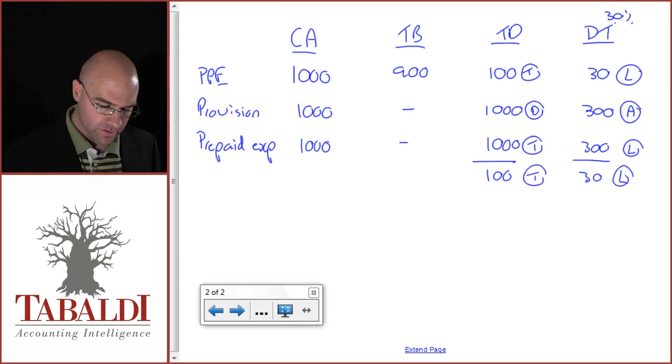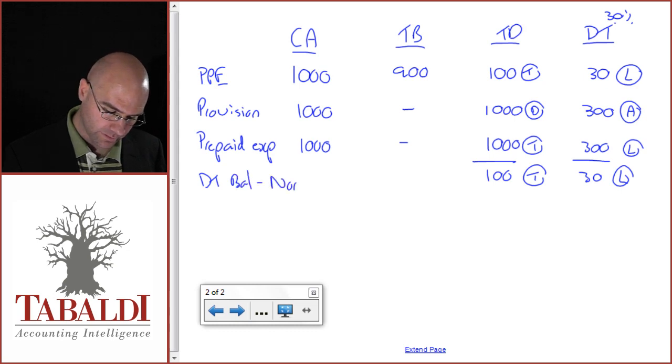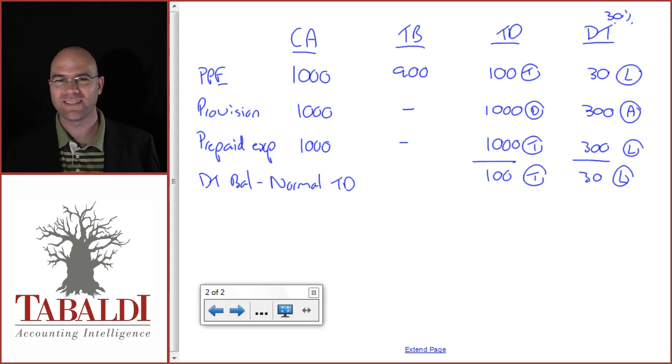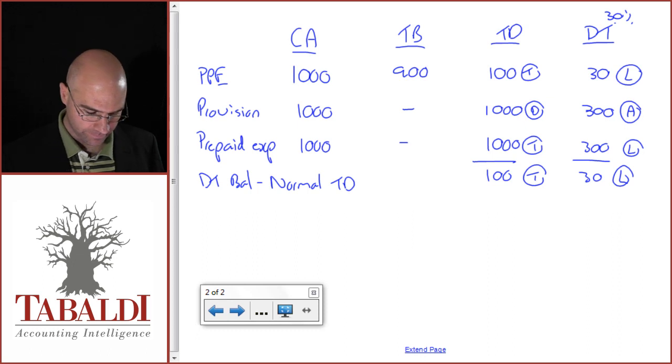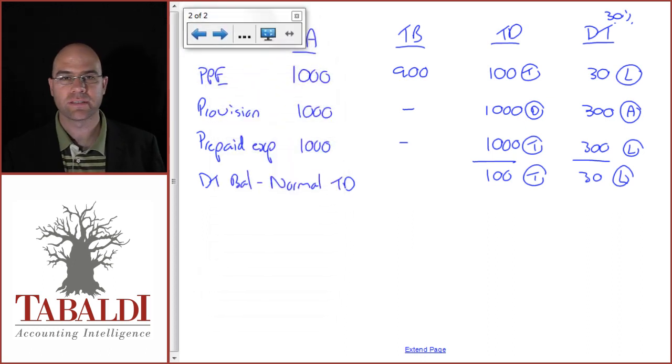And that is what we're going to call the deferred tax balance from the normal temporary differences. Normal temporary differences are items with a carrying amount on your books that will have different timing of incomes and deductions for tax purposes.